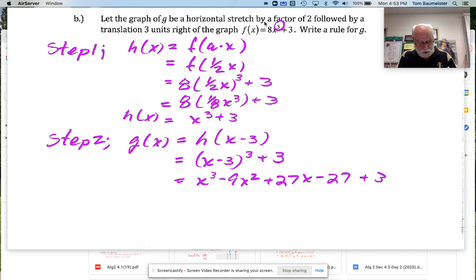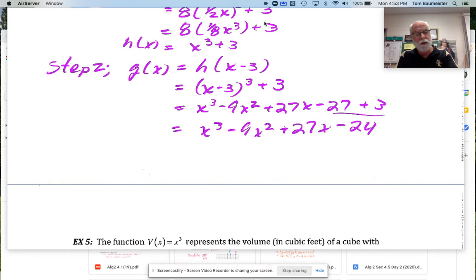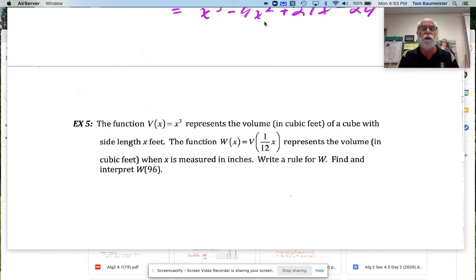So to simplify that, you'll get x cubed minus 9x squared plus 27x minus 24, because minus 27 plus 3 is negative 24. Okay? So I gave you one with the vertical shrink and one with the horizontal stretch. So remember those two. We'll probably have one of each like that on your test.